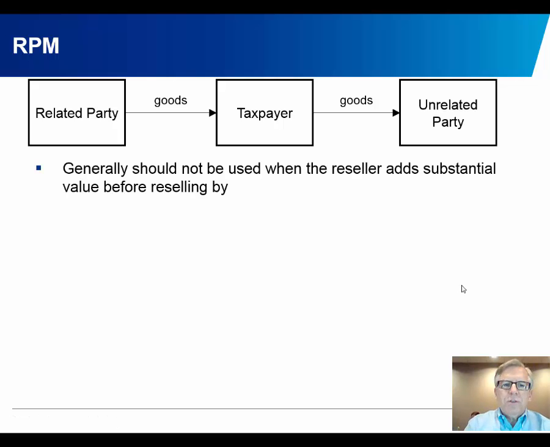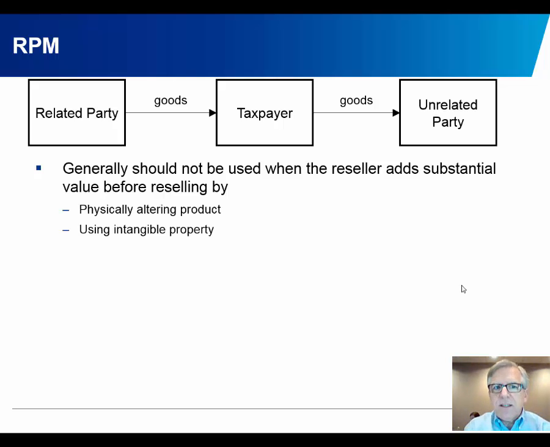So generally, this is not going to be a good method if the reseller is adding a substantial amount of value before reselling. And the reseller here is going to be our taxpayer on this diagram. When I say a substantial amount of value, that might come from either physically altering the product, like they bought a material but they've done some manufacturing to it and somehow changed its value a lot, or that they're using an intangible property.